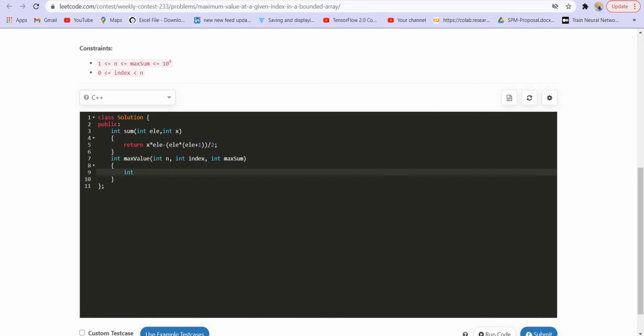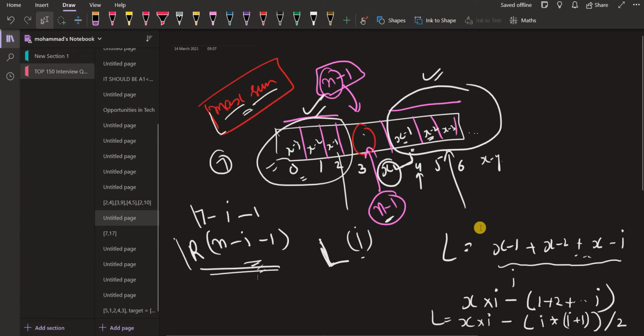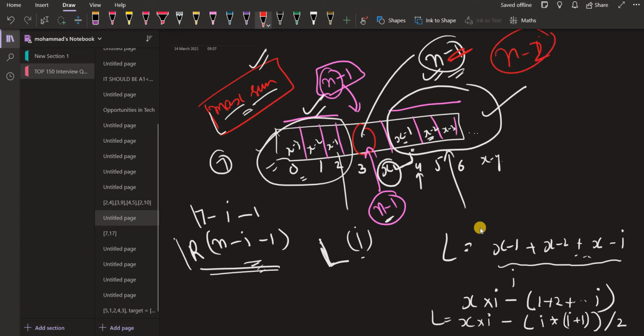How could I have done a linear search? In the linear search I could have placed here n minus 1, then I would have checked the total summation of the right hand side and the left hand side plus n minus 1. If it is greater than this maximum limit, I will reduce it from n minus 1 to n minus 2. Again I will check this summation plus n minus 2.